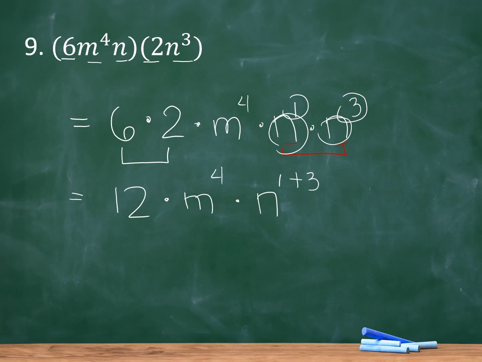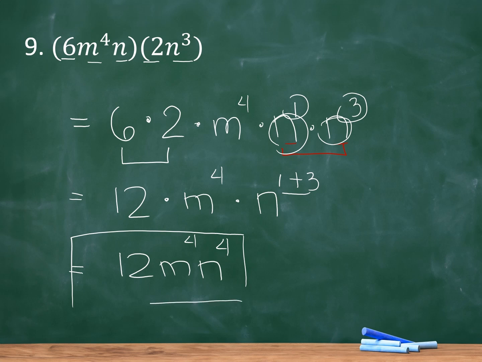Then we continue: 12, that's m to the power of 4, and then n to the power of 1 plus 3, that's 4. So for our final answer, we have 12m to the power of 4, n to the power of 4.